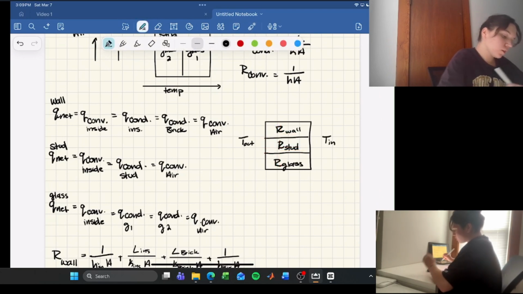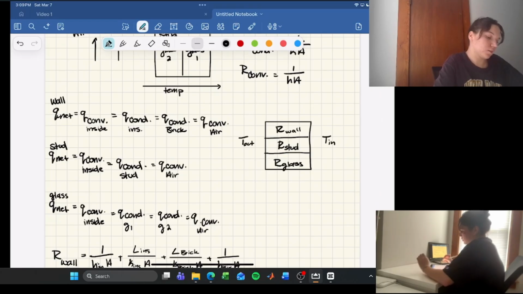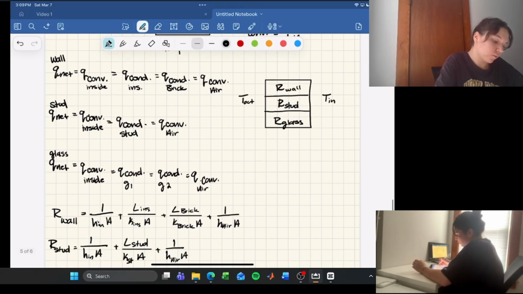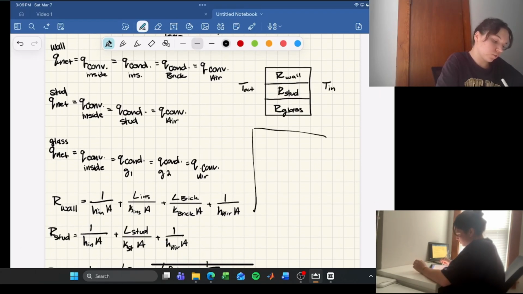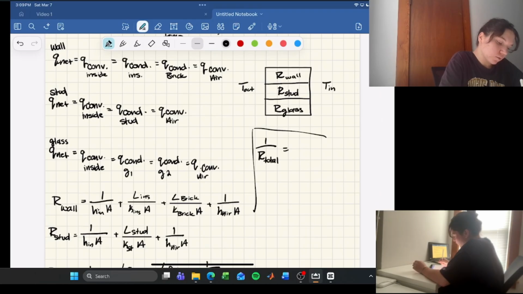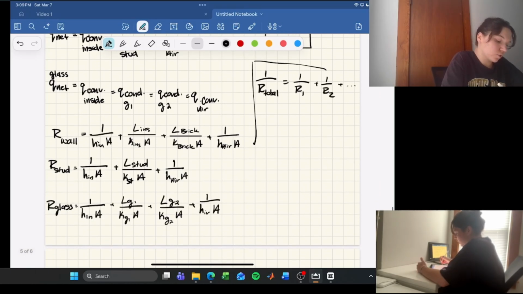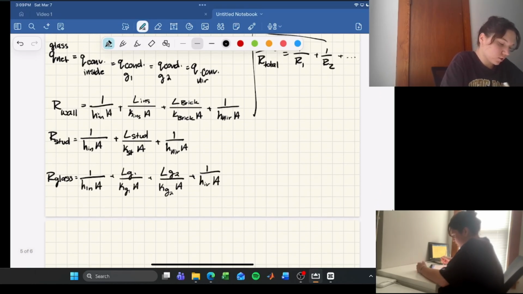So we said from earlier that to find the total resistance in parallel, we have this equation, and we derived that from Ohm's law. It was 1 over the total resistance is equal to 1 over R1 plus 1 over R2. So let's do that.